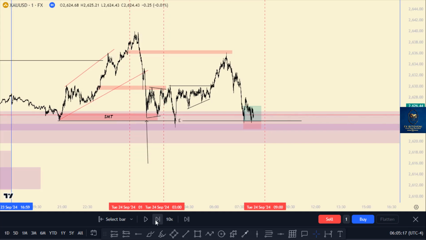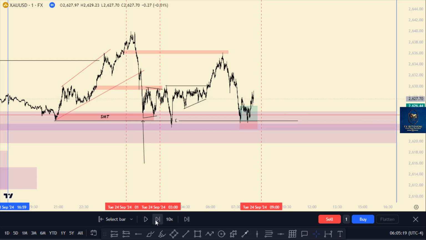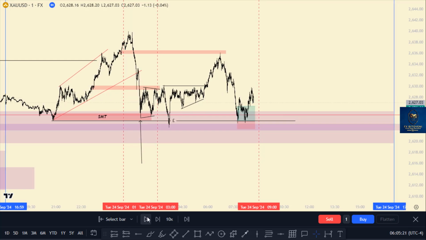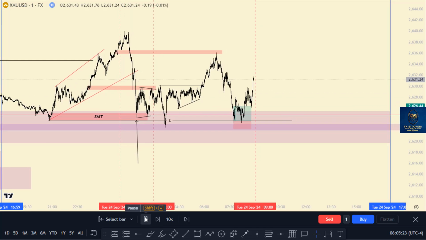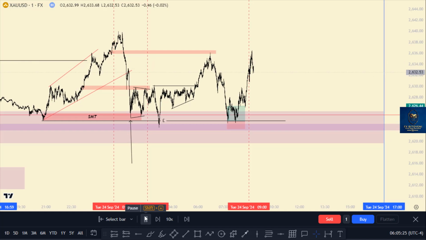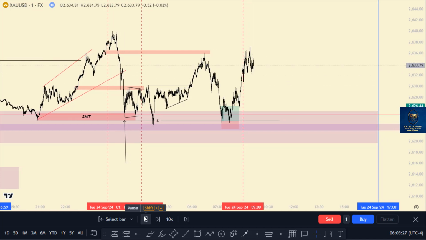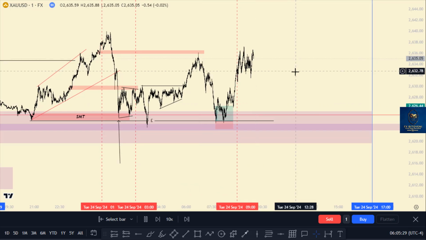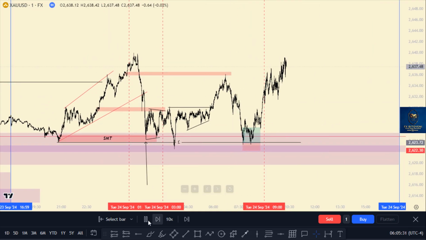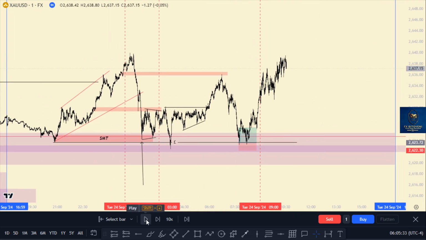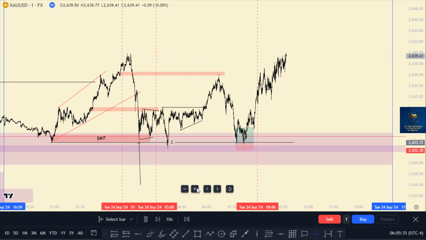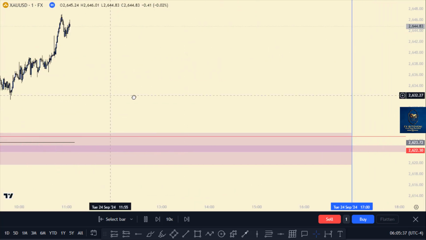Comes back, dancing in your zone. Don't move your stop loss. Can you see? Now New York starts. New York manipulation forms. And then the price makes a rally to the upside. You see New York manipulation start.